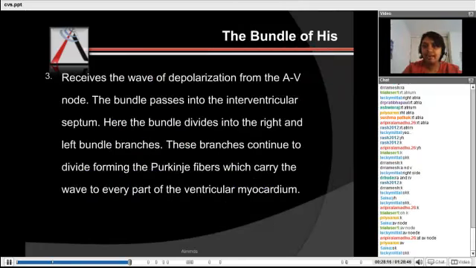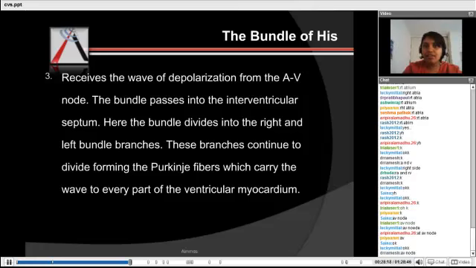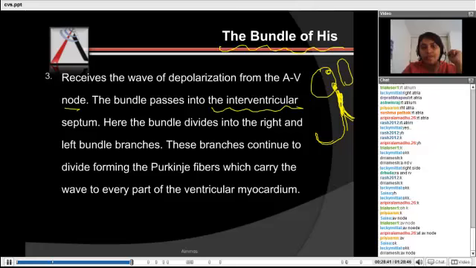After that we have the bundle of His. It receives a wave of depolarization from the AV node. So, SA node, AV node, and then we have this bundle of His that passes into the interventricular septum.